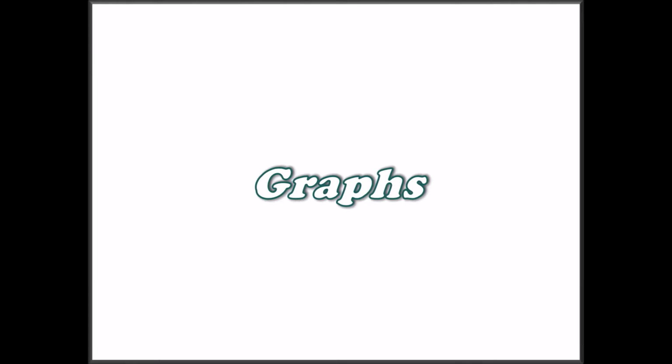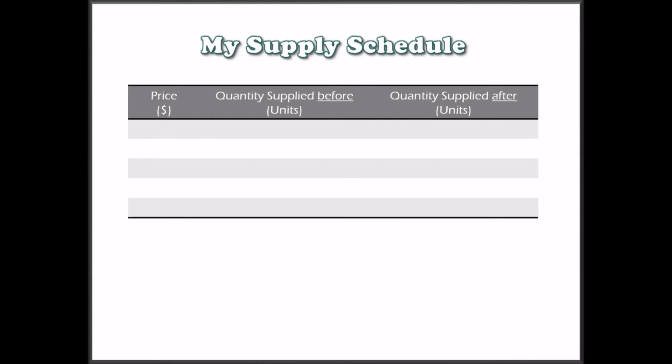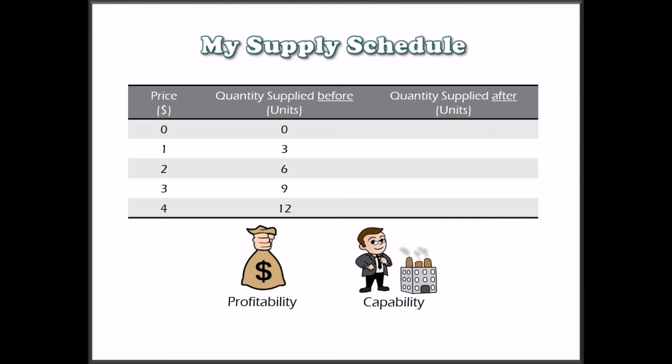Now, let's see how these concepts can be represented in graphs. We can see the difference between a movement along the supply curve and a shift of it when using the supply schedule. Remember that moving from row to row on the table shows a movement along the curve.